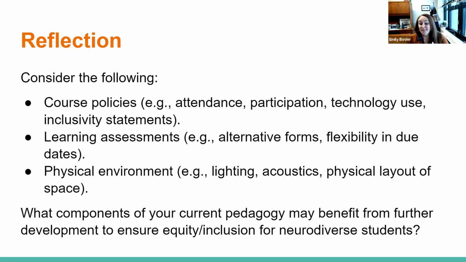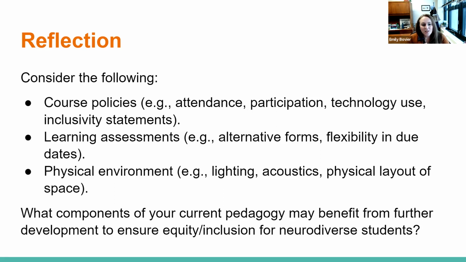This includes things like the lighting, the acoustics in the room, and the physical layout of the space. I know we haven't talked specifically about neurodiverse students quite yet in terms of some of the challenges that they may face.